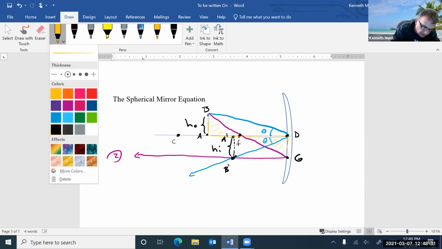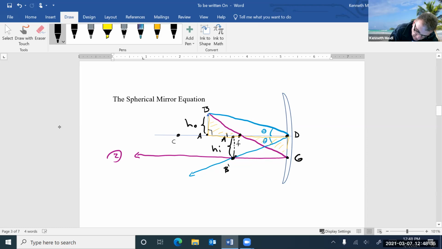And I know they're similar because they both have right angles in them, and they share this angle right here that I'll call maybe alpha. So they have all three angles the same.